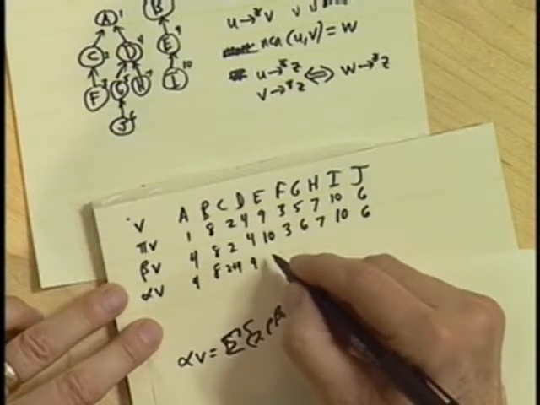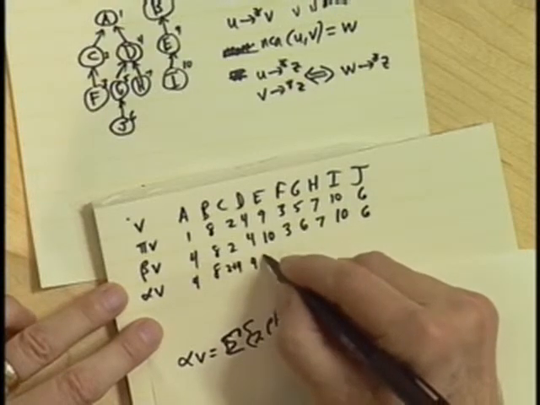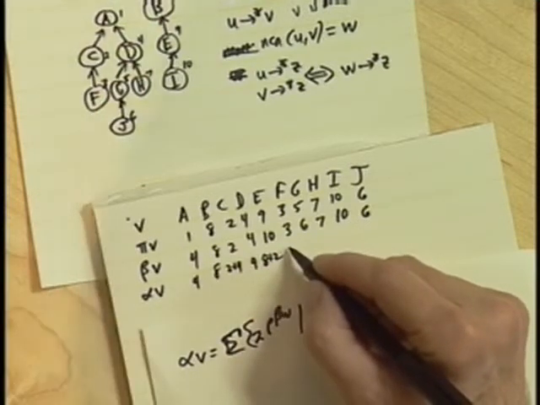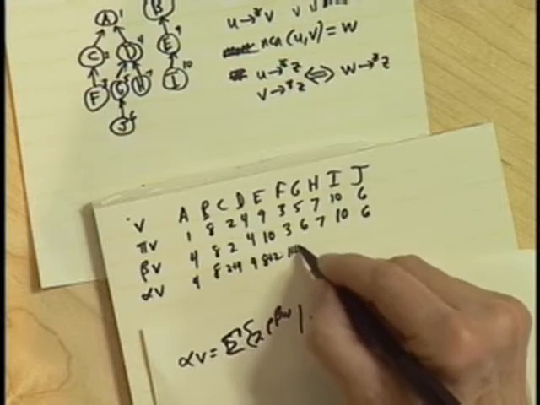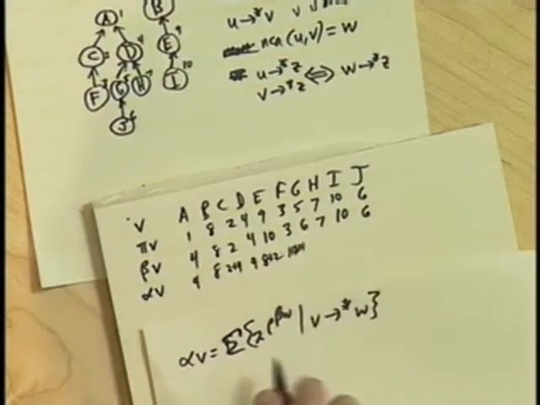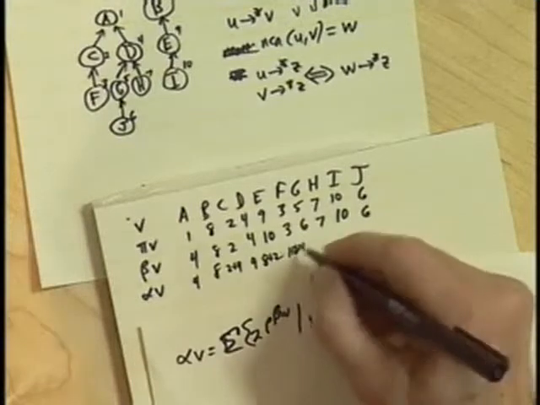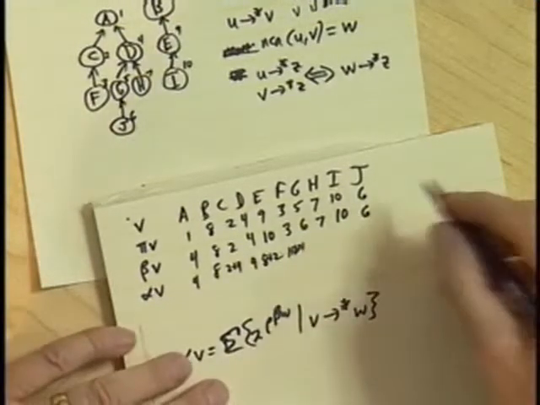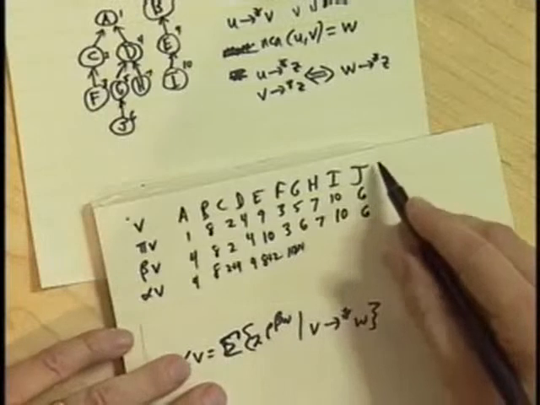This is going to be 8 plus 2. F is 1 plus 2 plus 4. You look at all the ancestors and you add together 2 to those powers of 2, and you get a binary number. Anyway, these are all numbers.